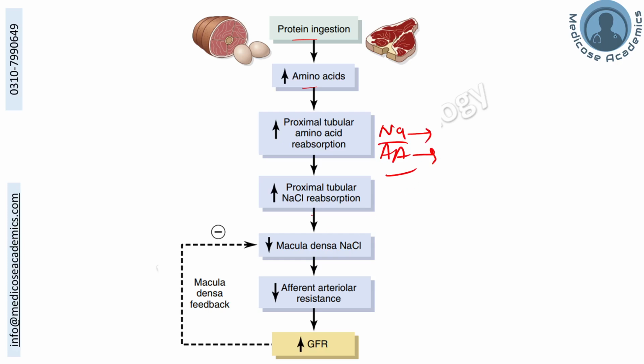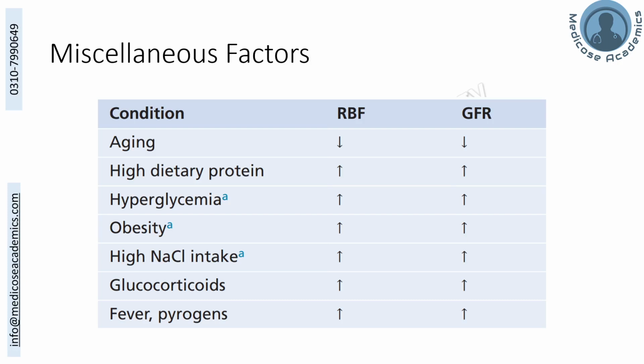When the filtrate reaches the distal convoluted tubule, macula densa will sense low sodium chloride. Although it was filtered fine, GFR was normal, but it reached less at the distal convoluted tubule. It will respond by activating tubuloglomerular feedback, by producing renin and increasing GFR. So after high protein, high glucose ingestion, because of low amount of sodium chloride reaching the macula densa, tubuloglomerular feedback will be activated and GFR will be falsely increased.